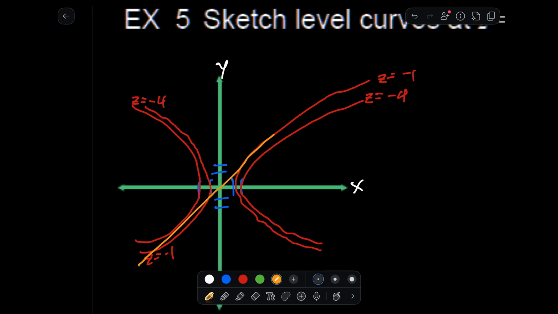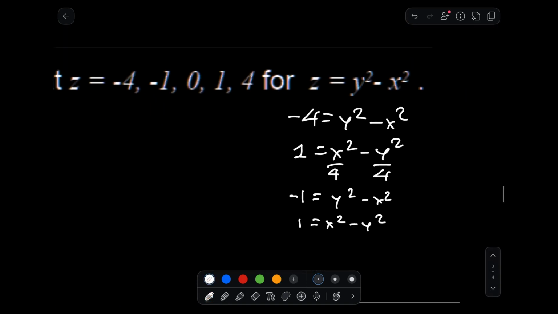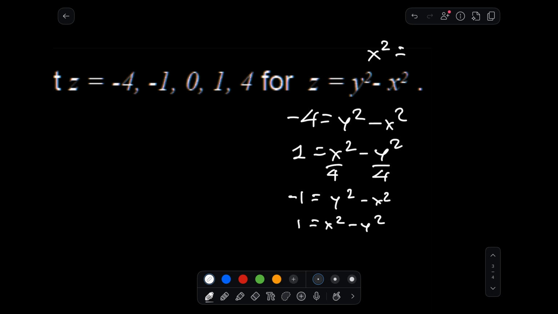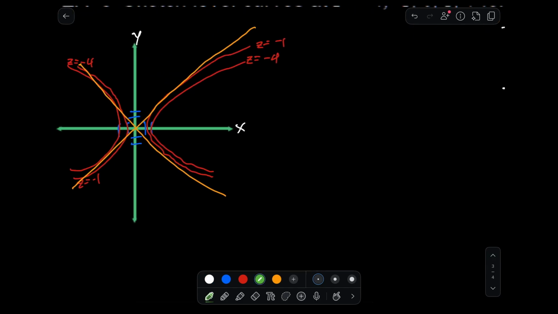It would give us a straight line through everything, because it would be x squared minus y squared, x squared equals y squared, which means that for all values of x and y where the absolute values are equal, you can plug that through.